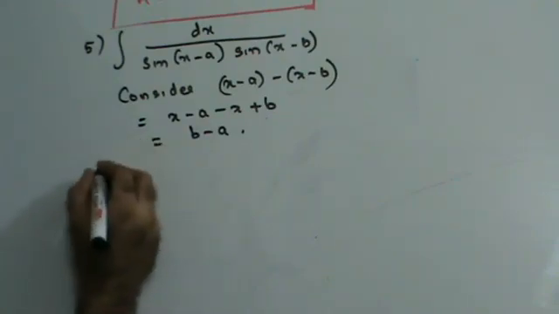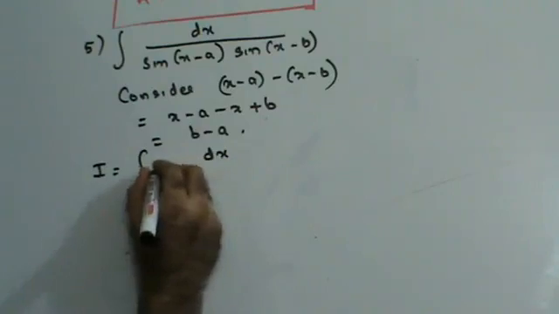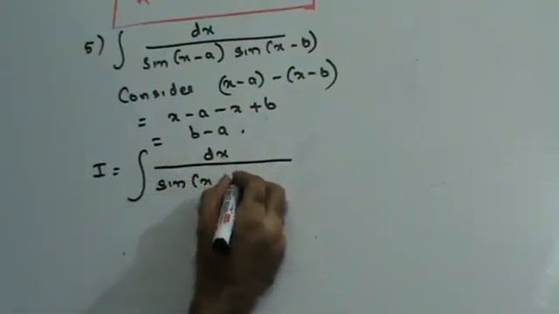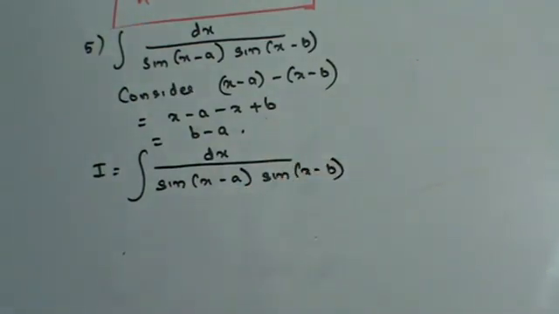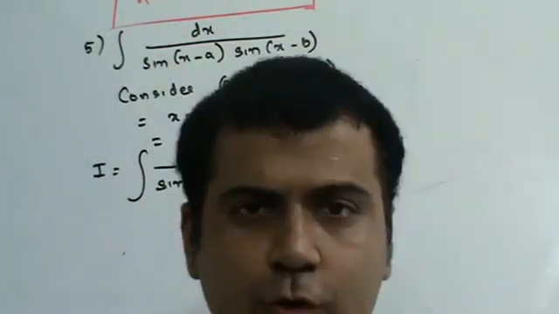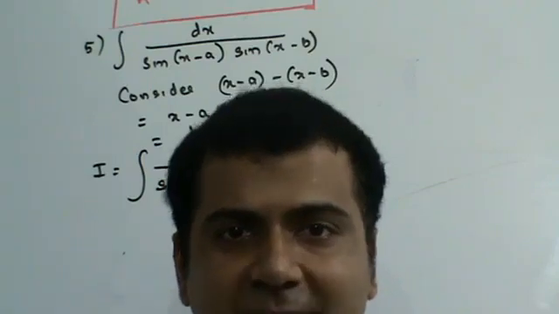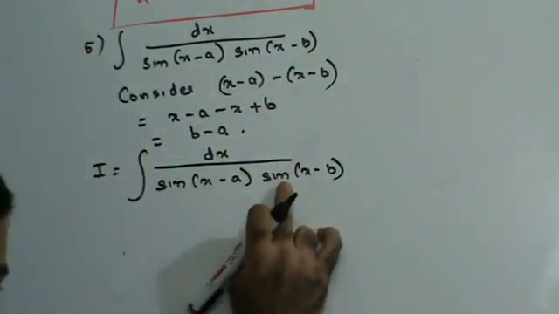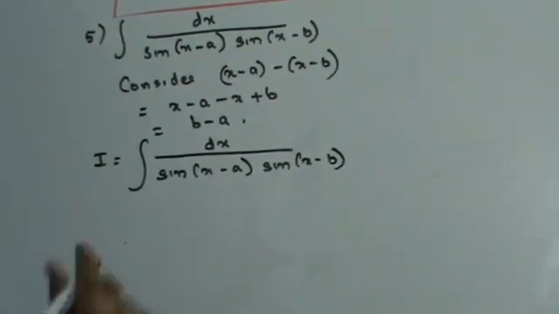Now, let's see the sum. I can say I is equal to integral of dx upon sin(x minus a) sin(x minus b). Whenever you have multiplication of two similar trig ratios, you have to multiply and divide by sine of a constant.